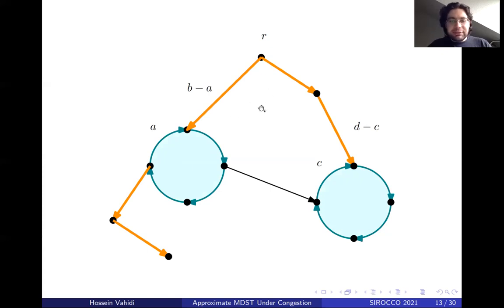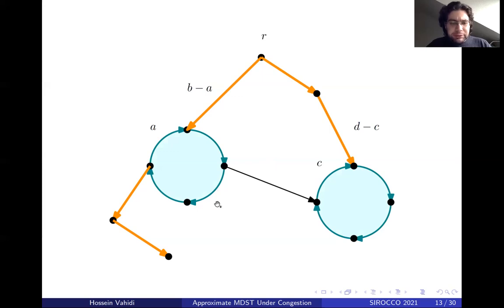We know that this is optimal. Now the question is how do we get an optimal solution for the uncontracted version? The answer is very simple. Since we already have paid for these edges inside the supernodes, we can choose any of them freely without any extra charge.